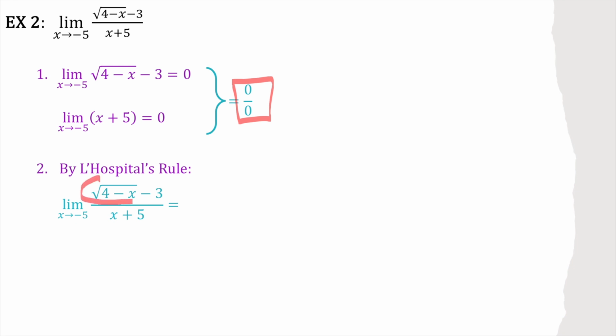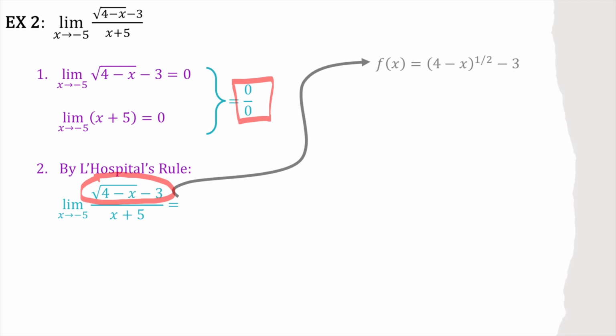But before we do, let's take the derivative of this over to the side here. I'm going to rewrite that as a fractional exponent. So the 1/2 comes forward, drop the power by 1. The -3 goes away. Where'd this -1 come from? That's the chain rule. We took the derivative of the outside. The derivative of the inside is -1.